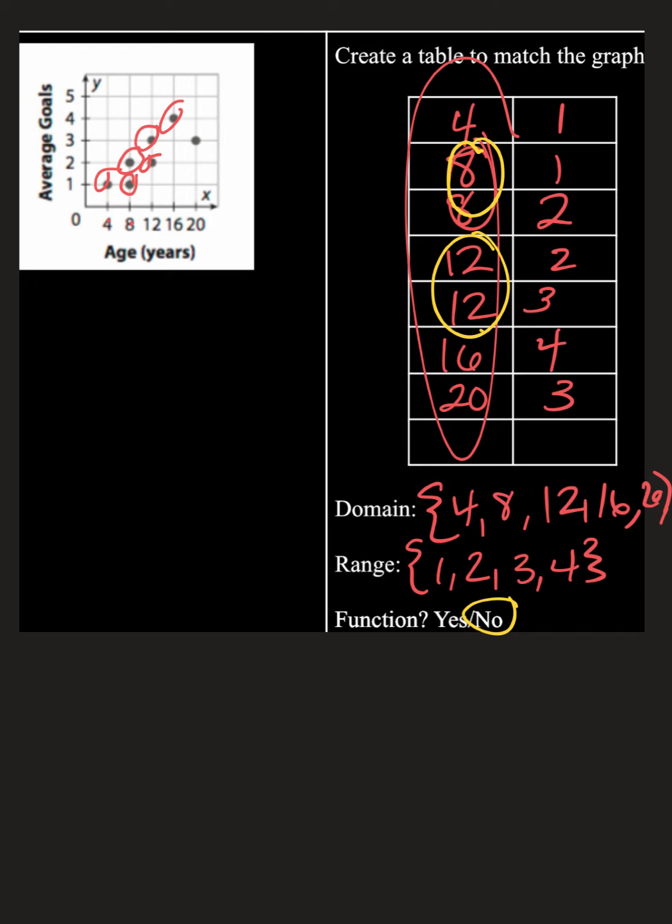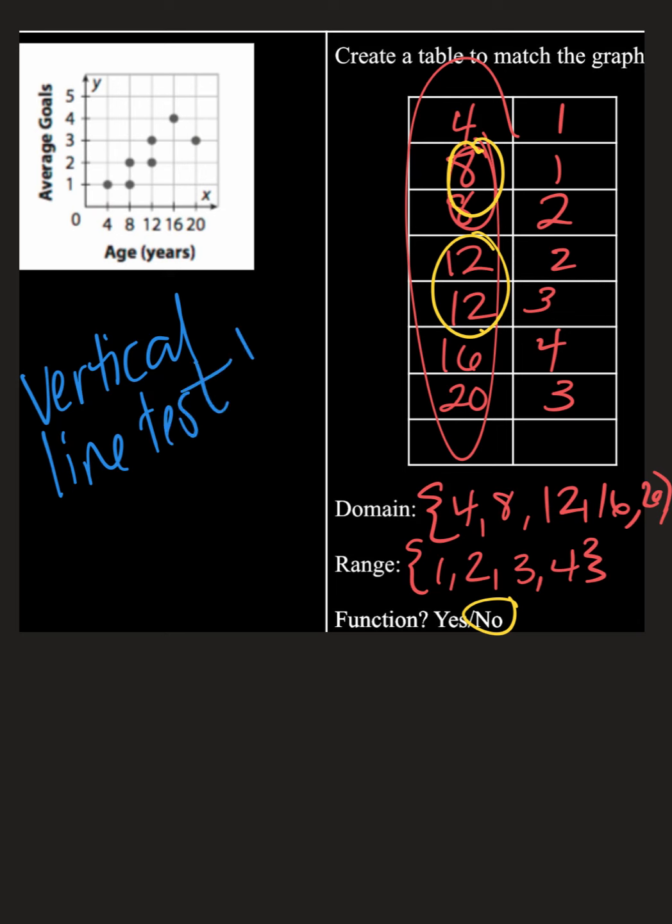But there is something that we call the vertical line test that we can also use when it comes to assessing if something is a function that is on a graph. Vertical line test, okay? Vertical lines are straight up and down.